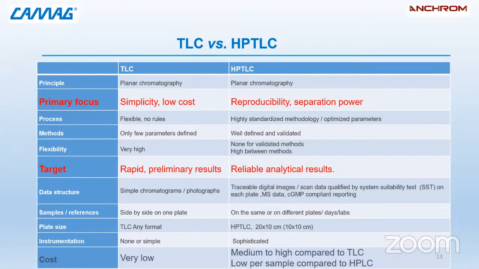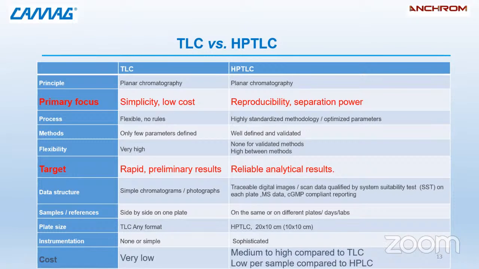But in HPTLC, our focus is on reproducibility and separation power. We should get good results with baseline separation, good resolution for the separated bands. Suppose I have developed some method and I'm transferring that method to some other lab, or I am doing the same analysis after 2 days or 3 days or any other time, I should get the same reproducible result.